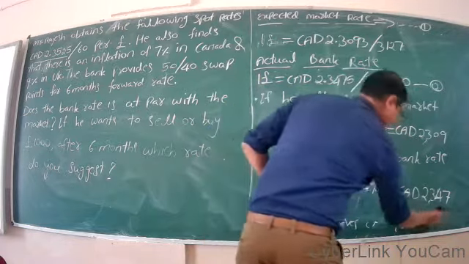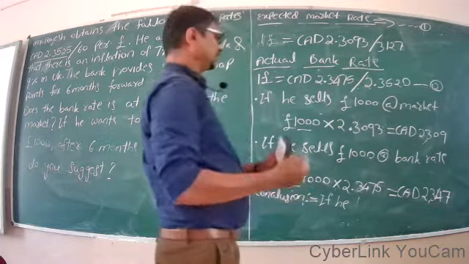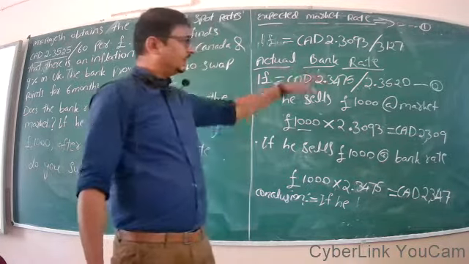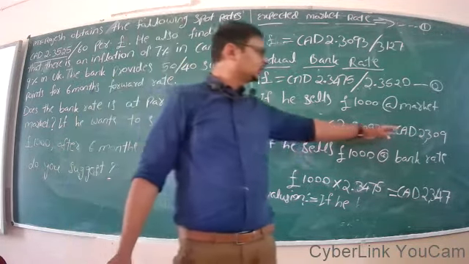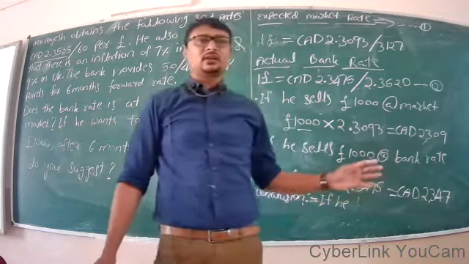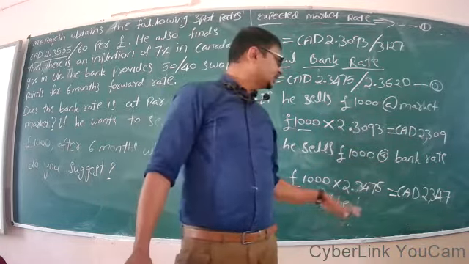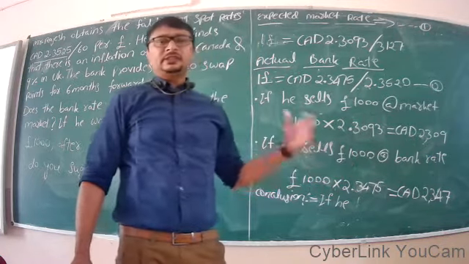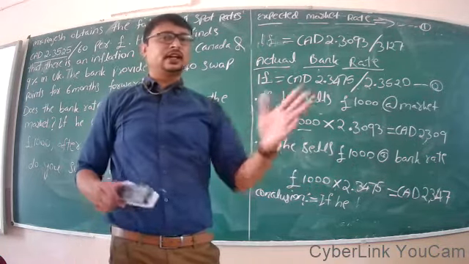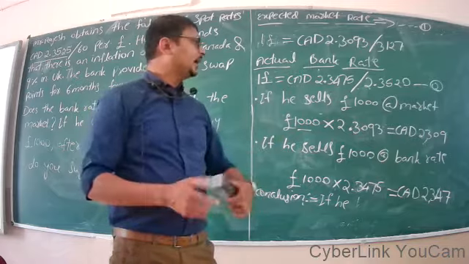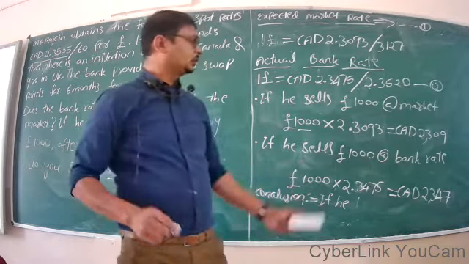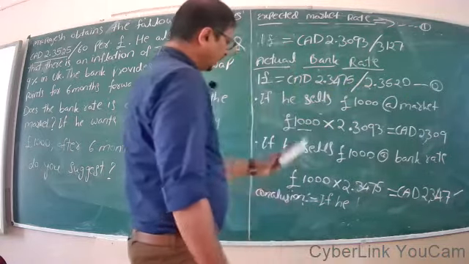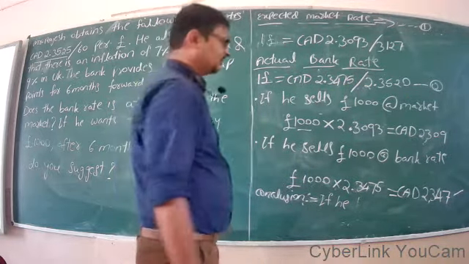Since this person is a seller, he looks for the greater price. So if he sells at the market rate, he gets 2,309 Canadian dollar. If he sells to the banker, he gets 2,347. So since he is the seller, he looks for the greater price. The greater price in the given problem is 2,347. So we suggest he should sell to the banker.